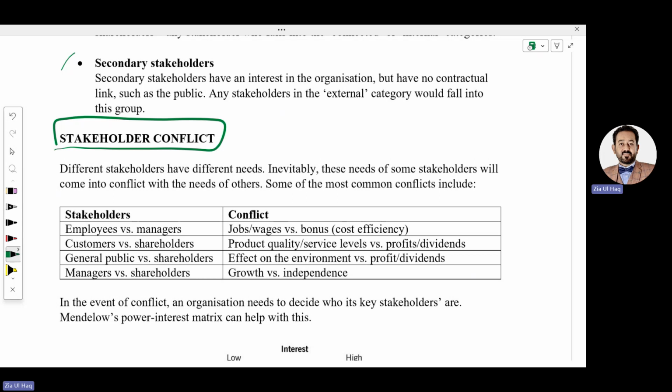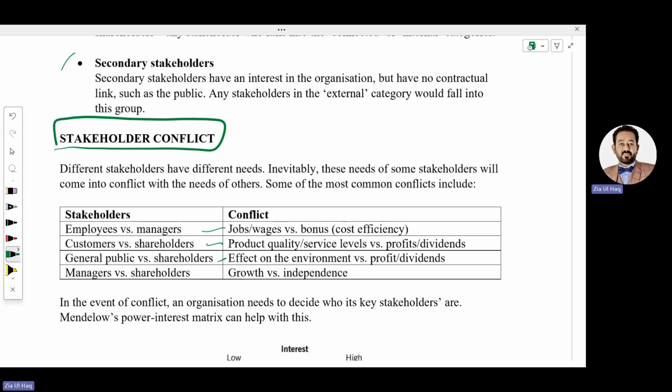So while making a decision, you have to consider the best for all stakeholders. But taking the best for one stakeholder will also be affecting the best of another stakeholder. Like employees versus managers: if managers want to reduce cost, like paying less to the employees or removing some employees from the job, there will be a conflict. Customers versus shareholders for high profitability. General public versus shareholders: if you want to control pollution, what is pollution?